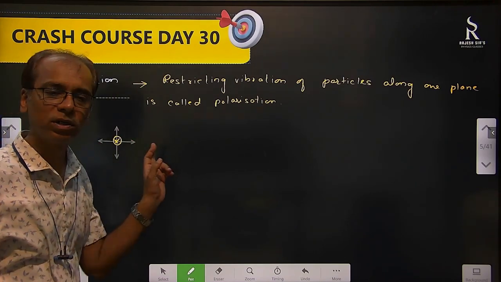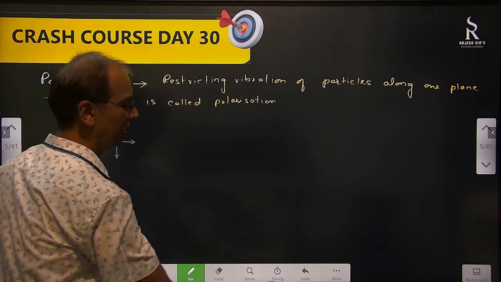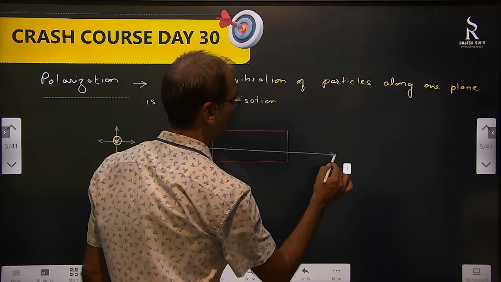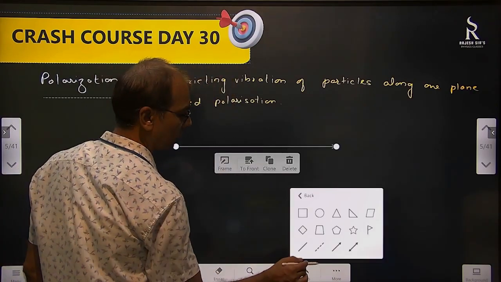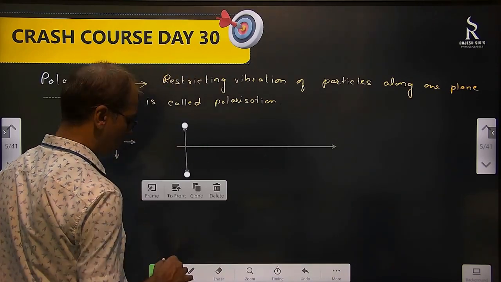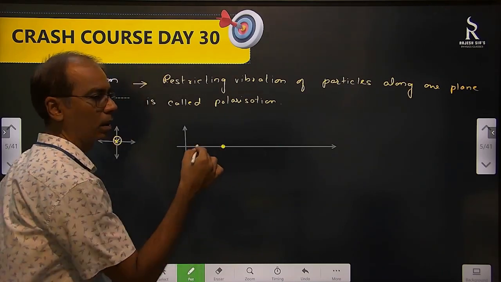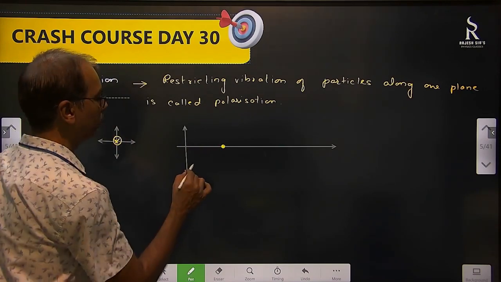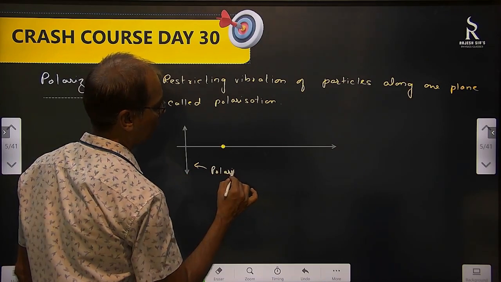Suppose the light is moving along the x-axis, this is how the wave is moving, and we restrict it to vibrate only in one direction. They will be vibrating like this, either this or this. Then we say yes, it is polarized. Polarization has happened.